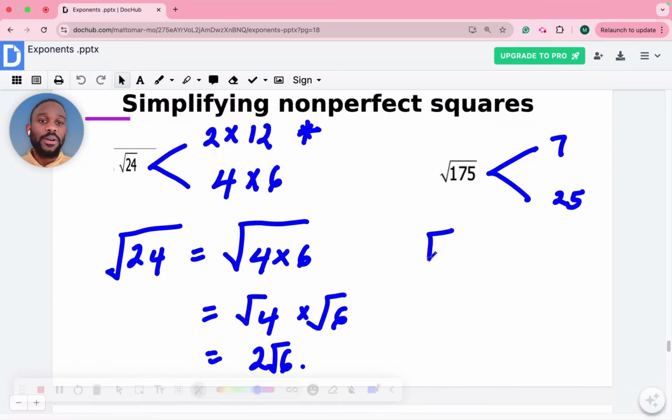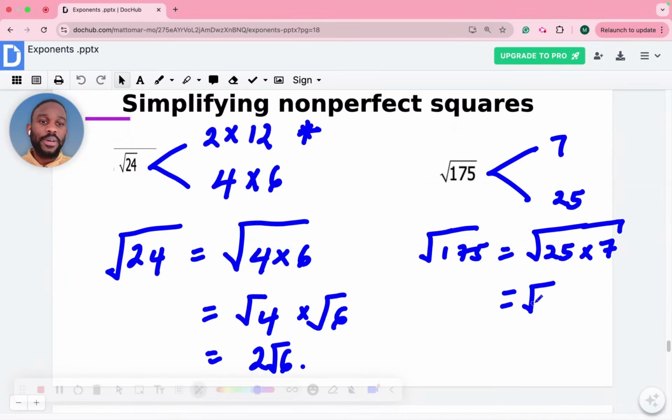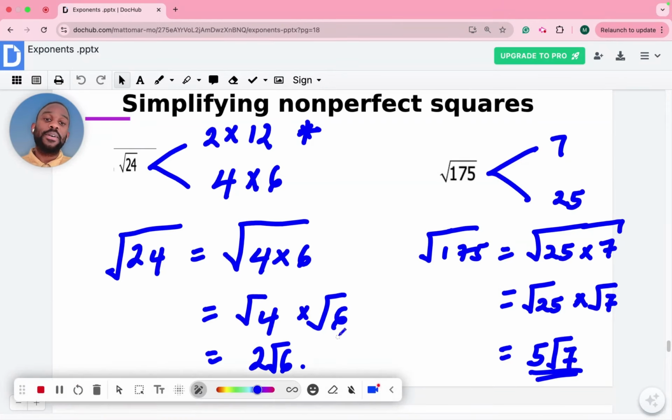So meaning the square root of 175, I can write this as equal to the square root of 25 times 7, all of them in the root. So this is the same as writing it separately as root 25 times the root of 7. But we know the root of 25. 25 is a perfect square, so the square root is 5. So 5 root 7. So this is how we simplify non-perfect squares.